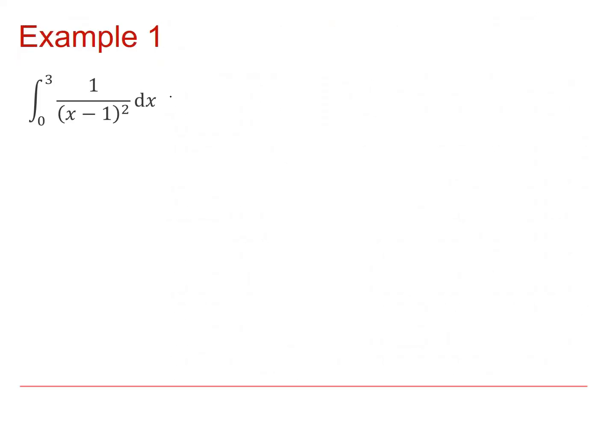Here's my integral, and I've identified that 1 is the potential problem point. What I'm going to do then is integrate between 0 and a, and I'm going to allow a to tend to 1, my problem value.